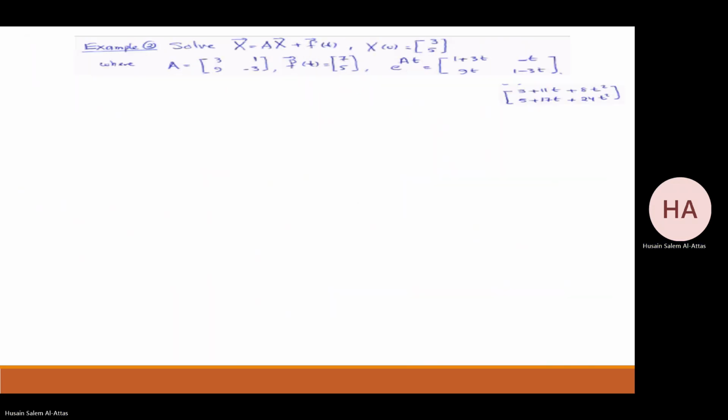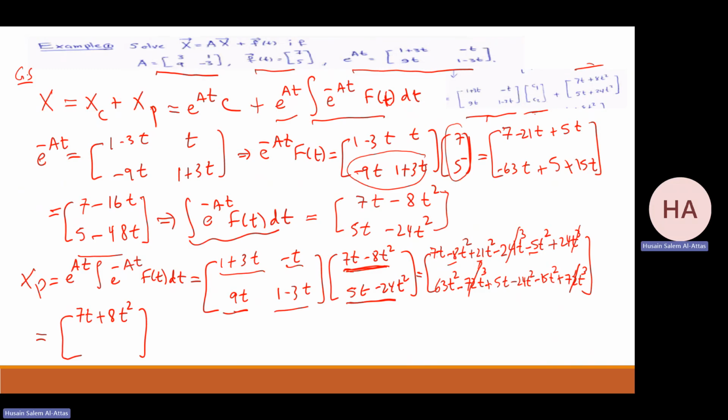Oops. I have 5t only. Then I have what? Minus 24 minus 15. That is what? Minus 39. Plus 24 can be 63. So that will be plus 24t squared. So it will be my general solution.